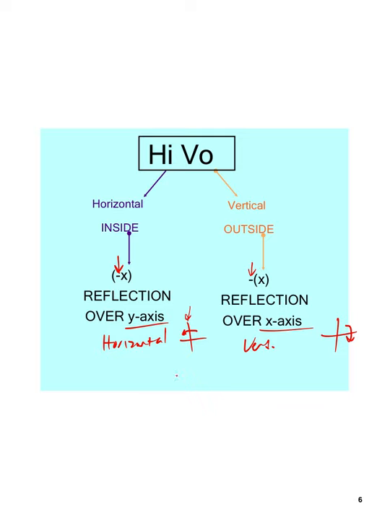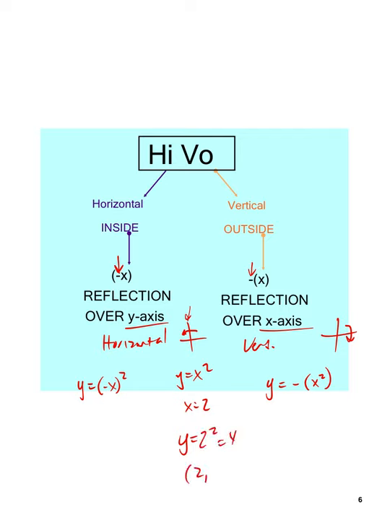So if we took, for instance, y equals x squared, here this would be y equals (-x) squared, with the negative applied to the x, and over here, this would be y equals -x squared. So if, let's say, x is 2, originally it would be y equals 2 squared, or 4.